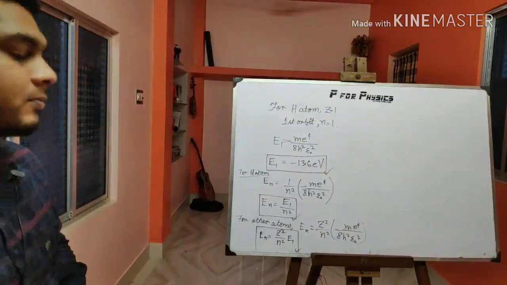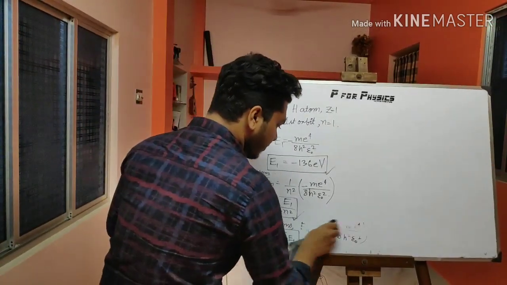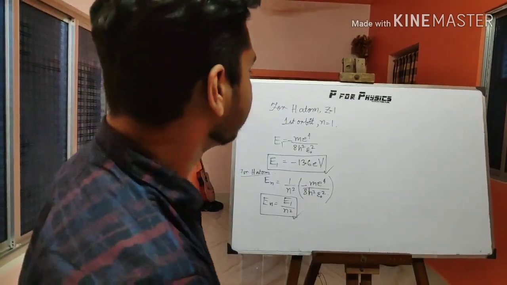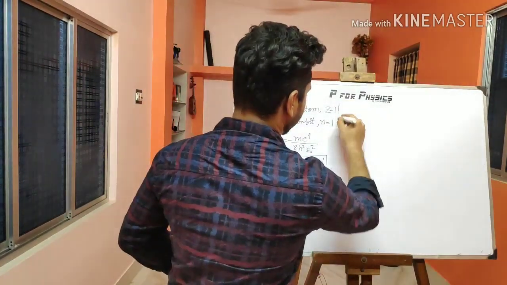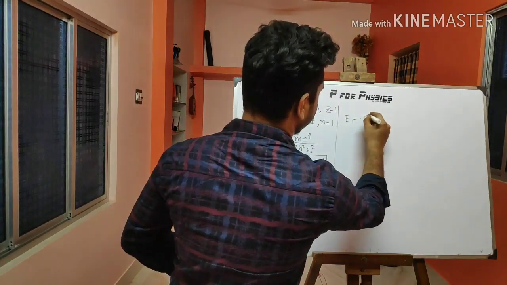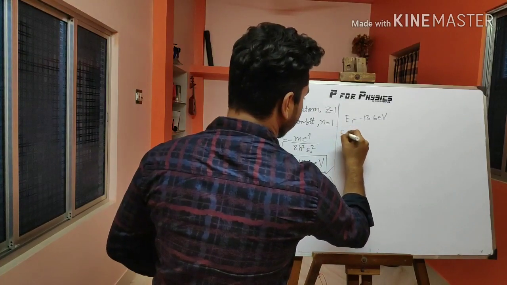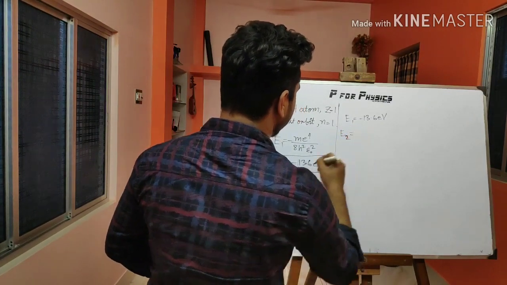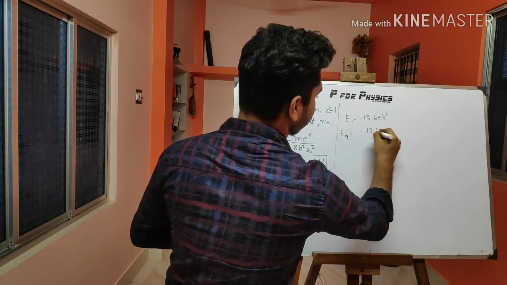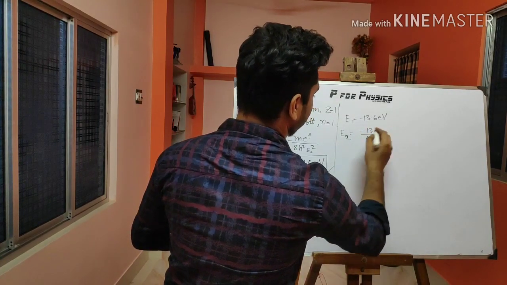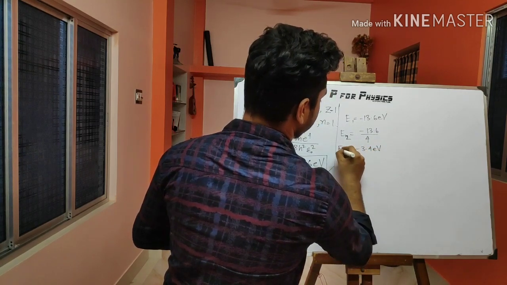Now for hydrogen atom we need to be using this one. So let's write these all down. We have the first energy, E1, is negative 13.6 electron volt. Now for E2 we have from this equation negative 13.6 by 4, so it will be negative 3.4 electron volt.